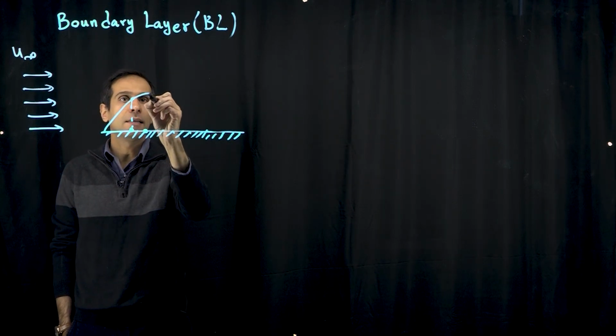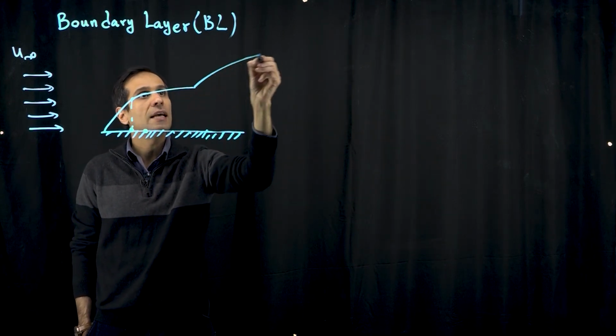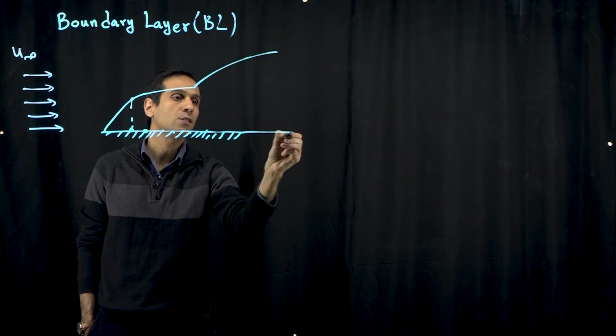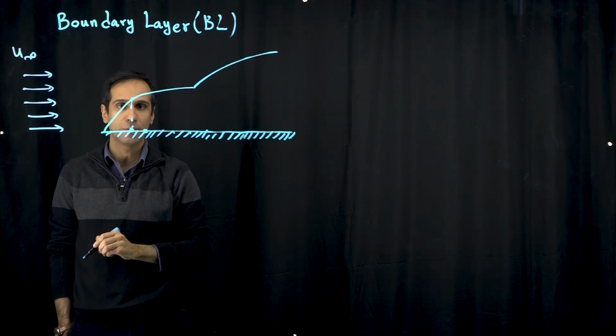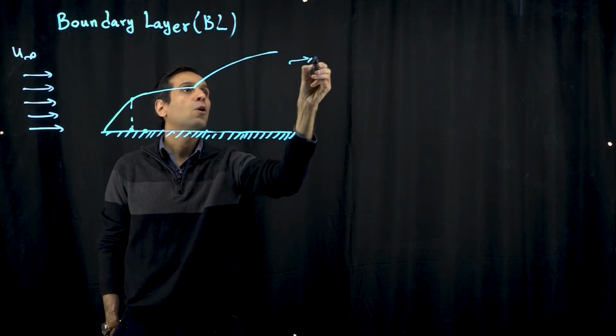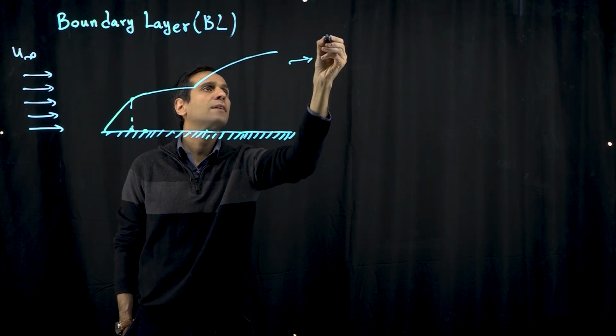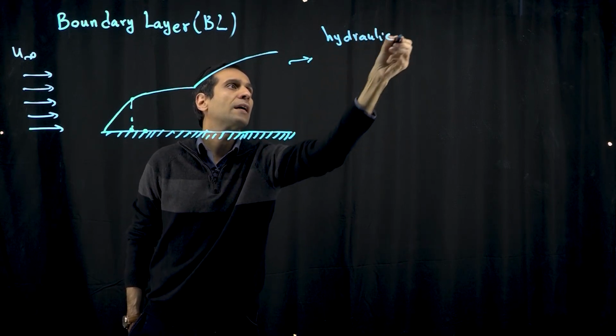If I follow that, there is a region in the vicinity of the flat plate where the presence of the flat plate is evident. This region is called boundary layer, or let's call it hydraulic boundary layer.